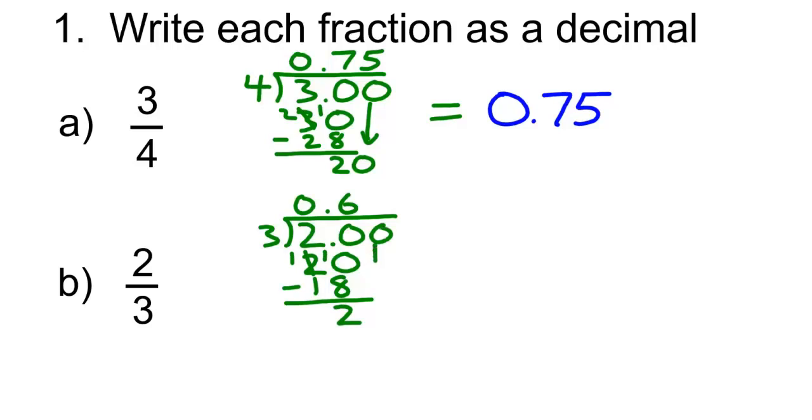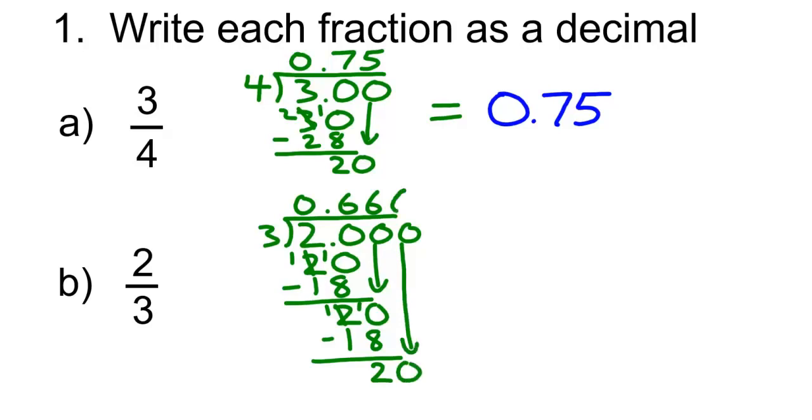Bring down a 0. 3 goes into 20 6 times again. We can obviously see a pattern here, so we can stop. So 2/3 is equal to 0.6 repeating.